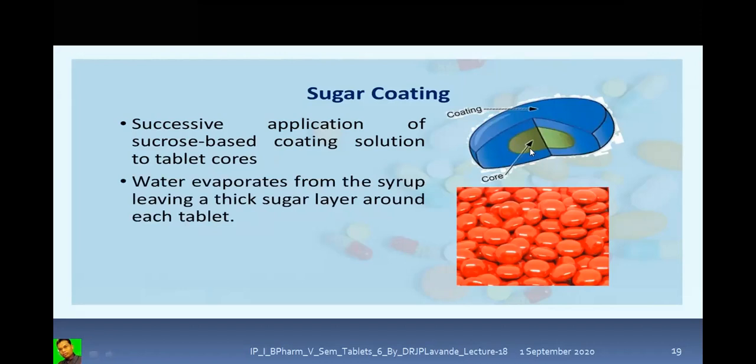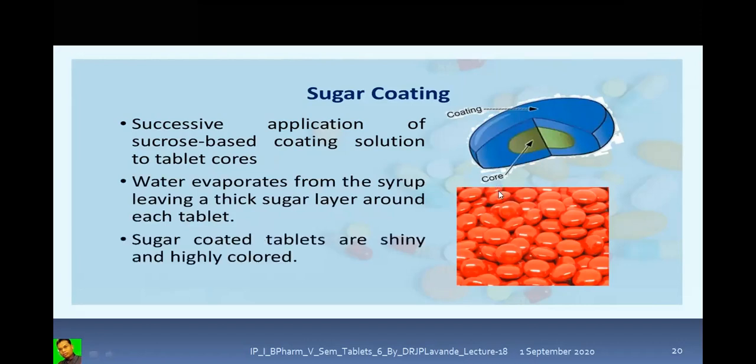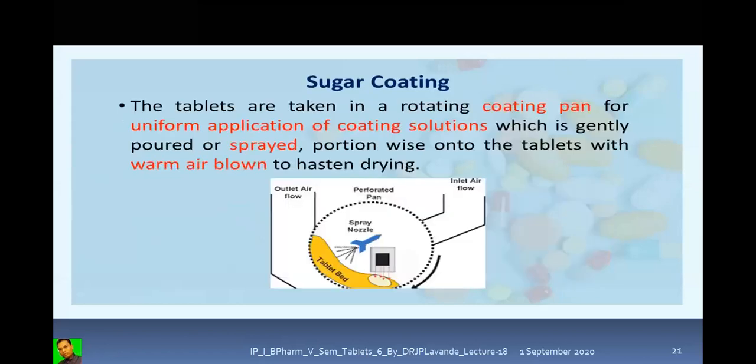You can see there is a tablet and there is a thick layer surrounding it after evaporating the water. The sugar coated tablets are shiny and highly colored, as the color is incorporated into the coating solution. They appear shiny because of the process of polishing.